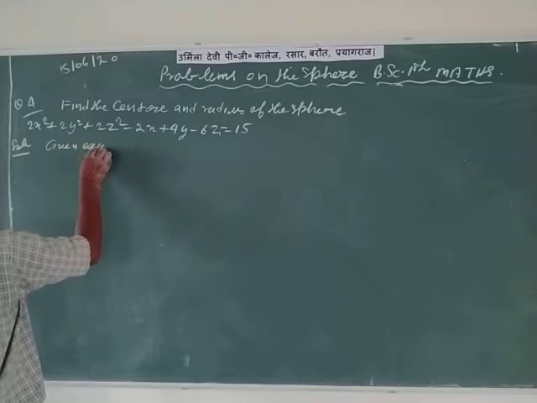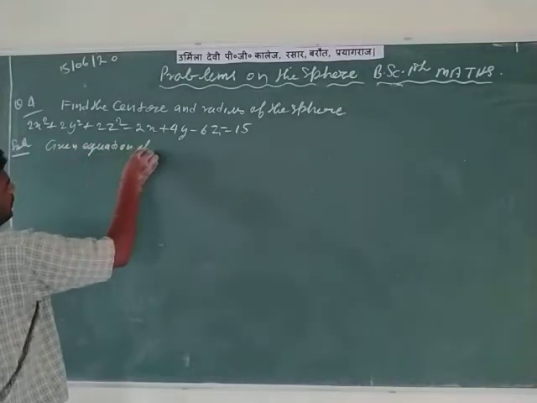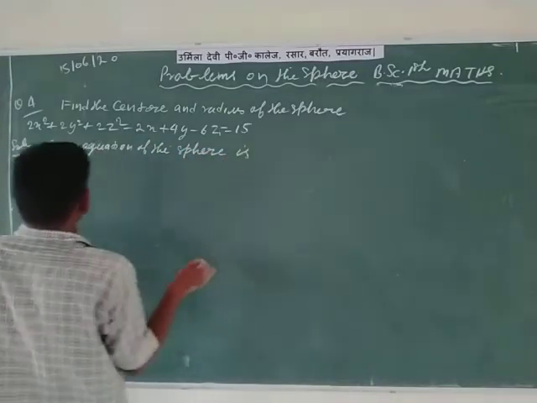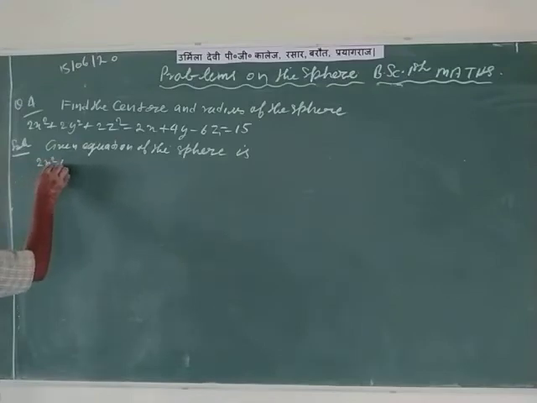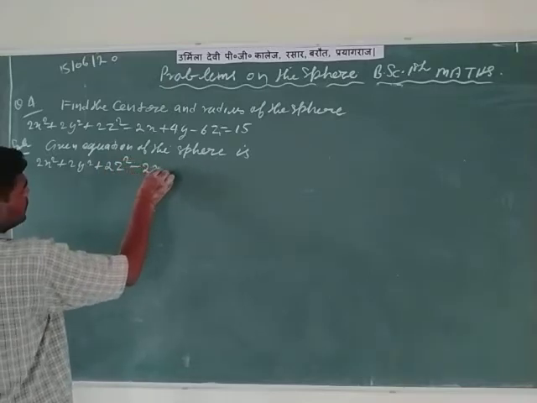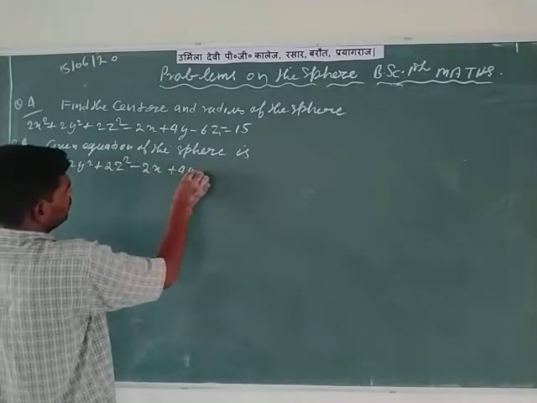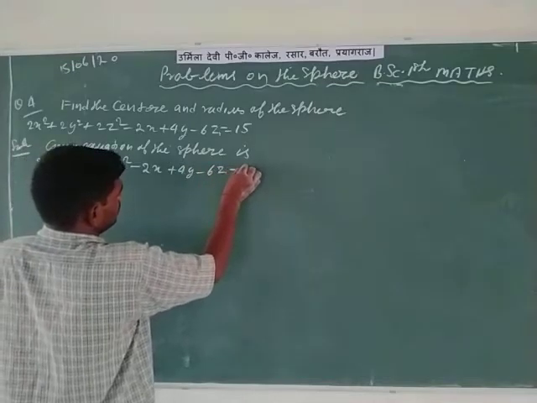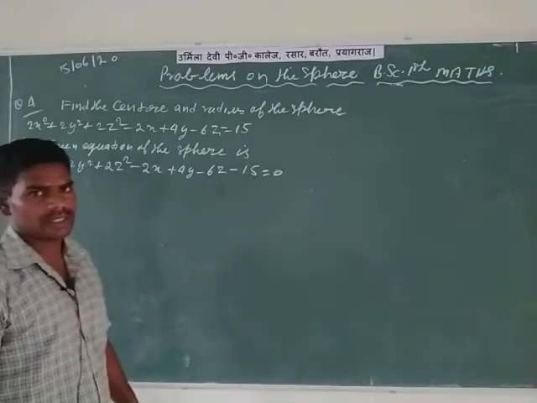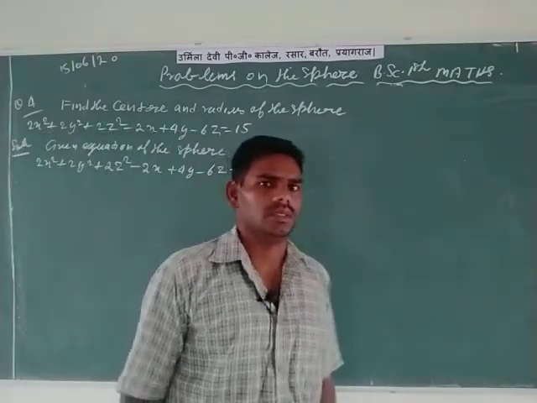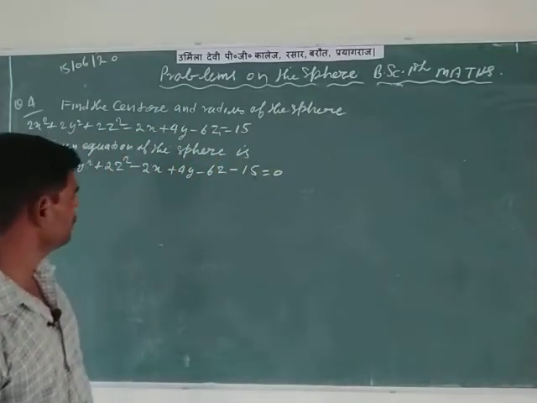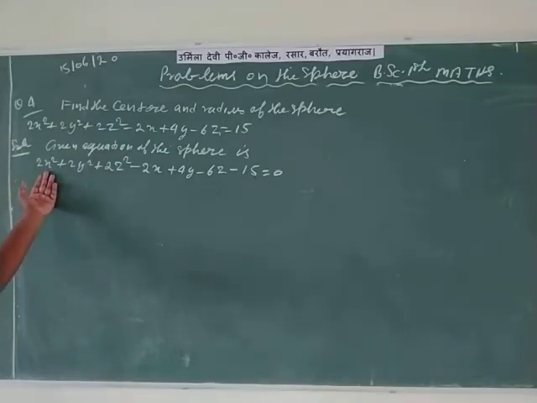The given equation of the sphere is 2x square plus 2y square plus 2z square minus 2x plus 4y minus 6z minus 15 is equal to 0. You know that in the general equation of the sphere, a very important point is that the coefficient of x square, y square, z square is always equal to unity, meaning 1.